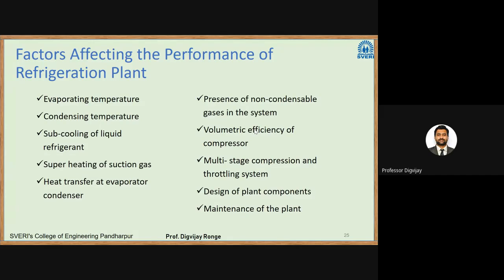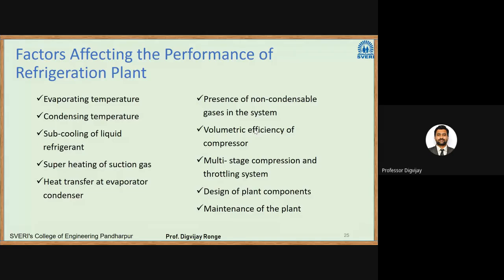Second is condenser temperature. I will explain these one by one in the next slides. Third is subcooling of liquid refrigerant. Fourth is superheating of suction gas. Fifth is heat transfer at the evaporator and condenser, because of which there is subcooling and superheating.